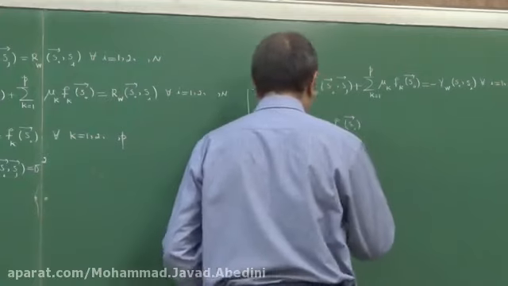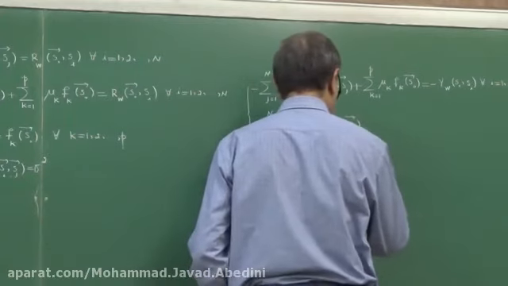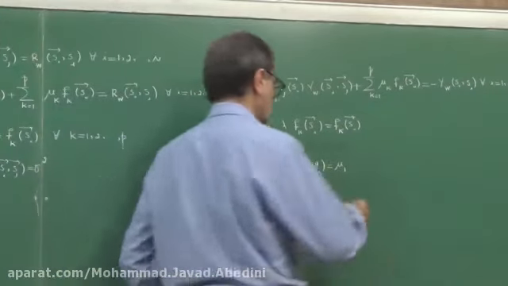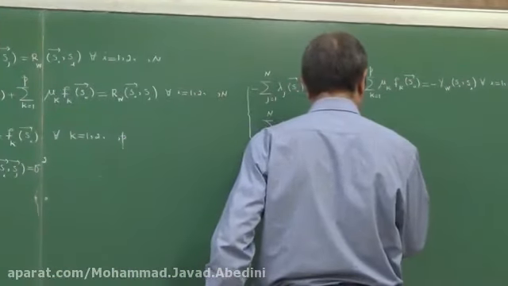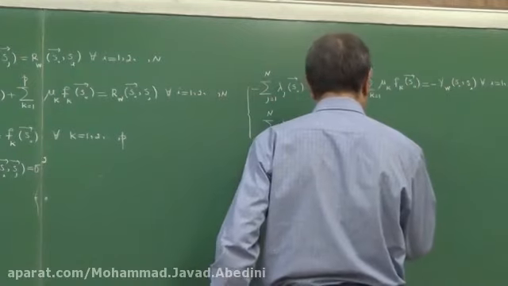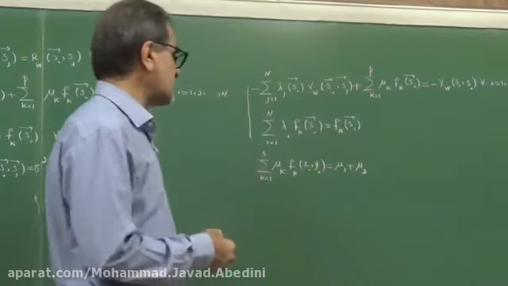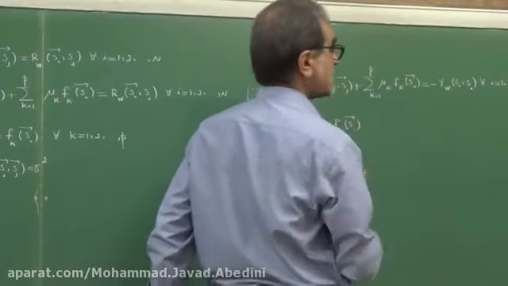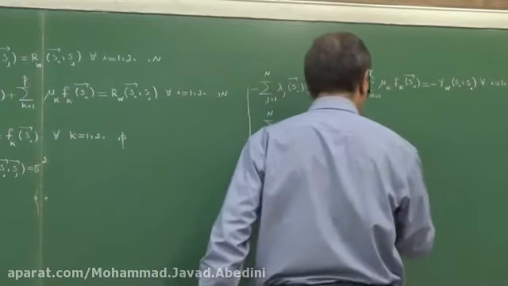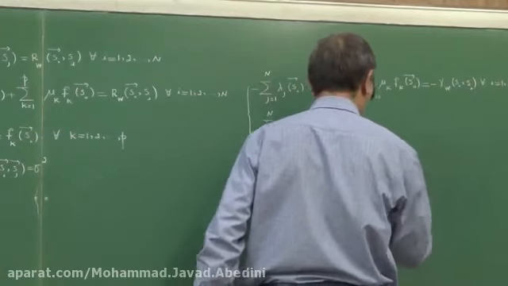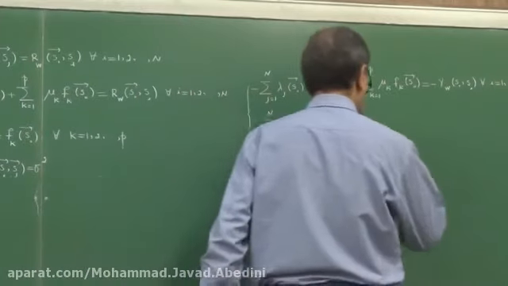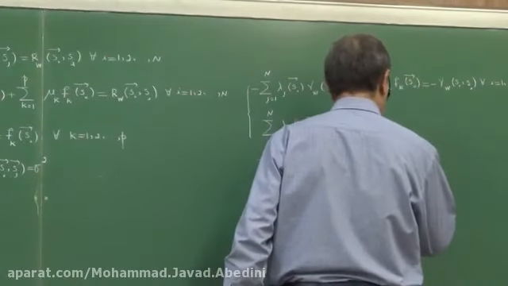You have to multiply mu1 by f1, which is 1, plus mu2 times f2, where f2 is basically x0, plus mu3 times f3.